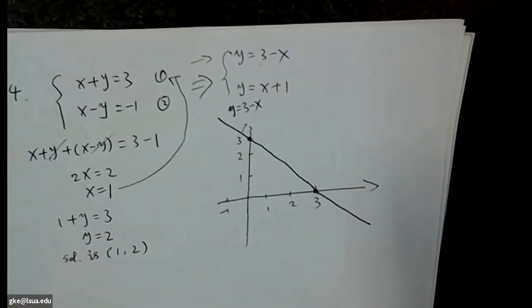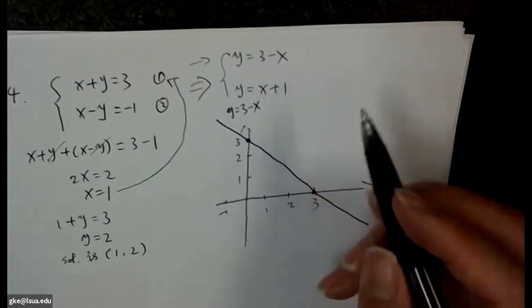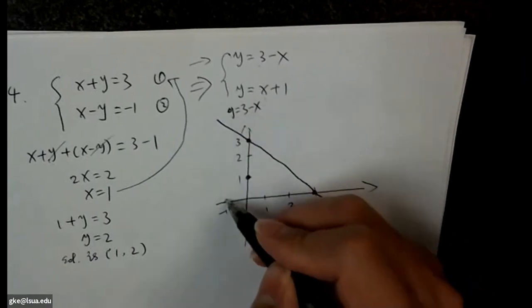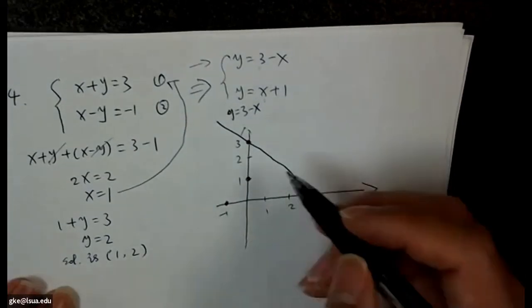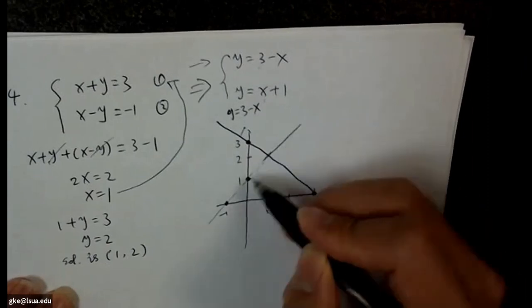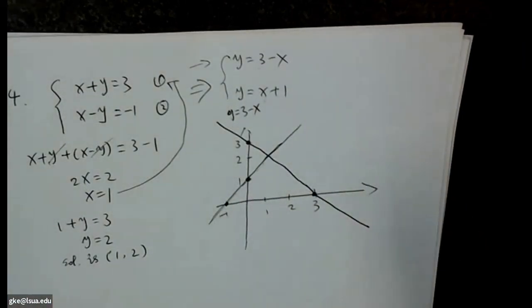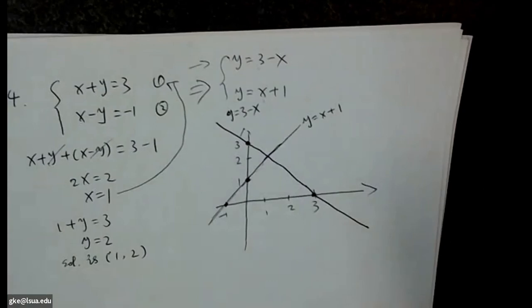Now let's check the second equation. When x equals 0, y equals 1 here. And when y equals 0, x equals -1. And of course, we can get this line. So this line is y equals x plus 1. From this picture, you can see there is an intersection point.